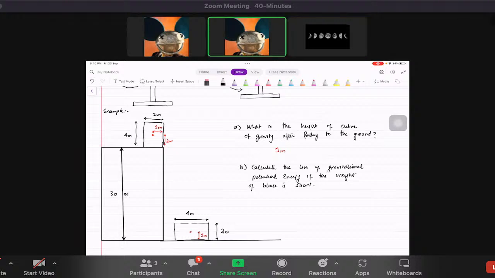Right? It doesn't fall from 30 meters above. Why 2 then? So 34? 34. Okay, you're assuming because of the center of gravity.